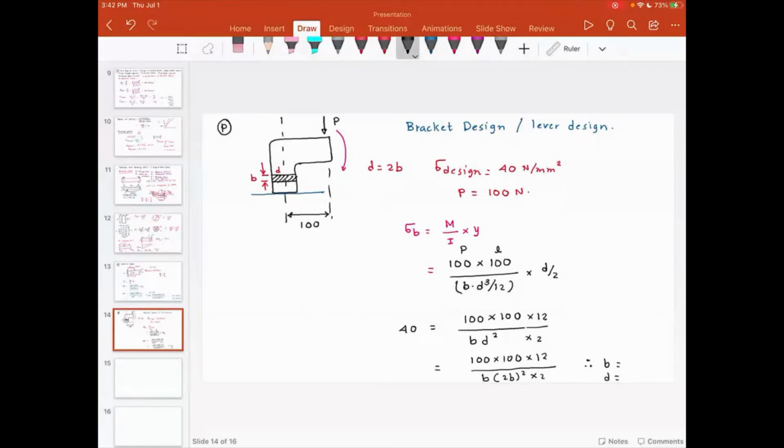Let me take this discussion a little bit further and discuss something called the lever design.